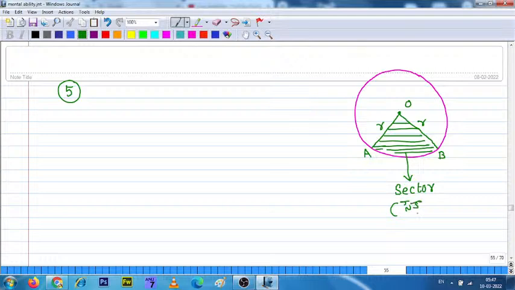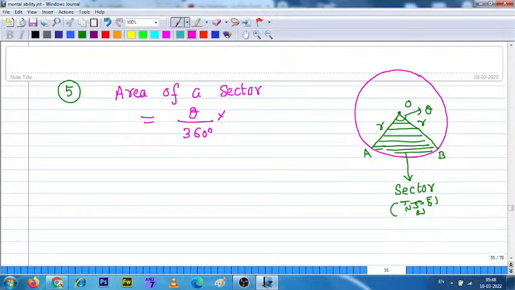సెక్టార్ వైశాల్యం ఎలా కనుక్కోవాలి? For example, say this angle is equal to theta. Then area of the sector of a circle is equal to theta by 360 degrees into pi r square.